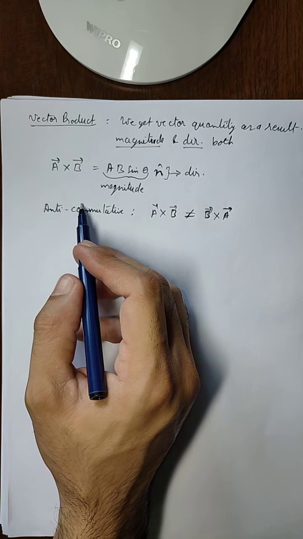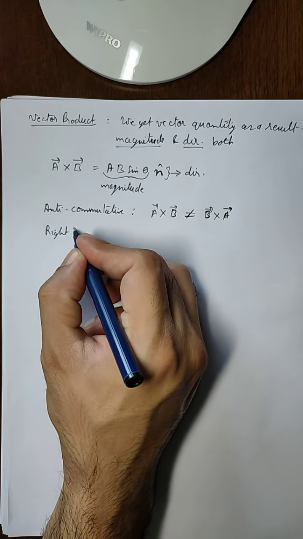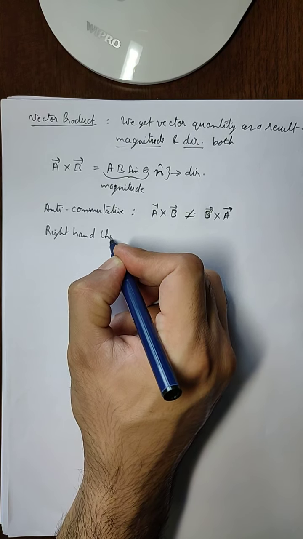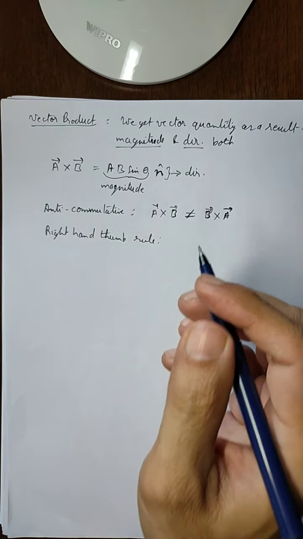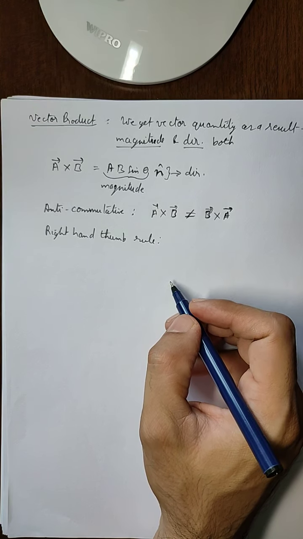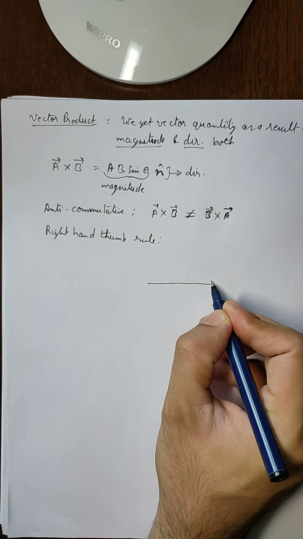Now to find the direction of a vector product, we use the right hand thumb rule. What it means is that we take our right hand and we put our fingers in such a way that they point in the direction of a vector.